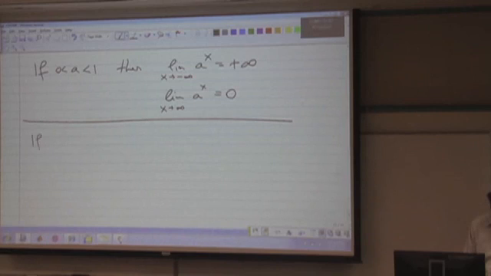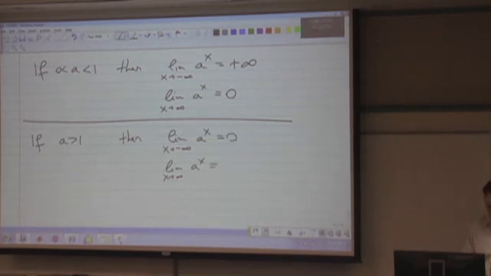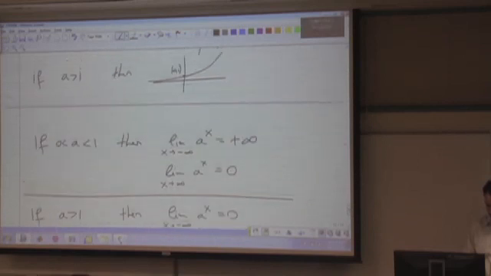On the other hand, if a is bigger than 1, then the limit as x goes to minus infinity of a to the x is equal to 0, and to plus infinity it is plus infinity. Again, picture's worth 1,000 words.